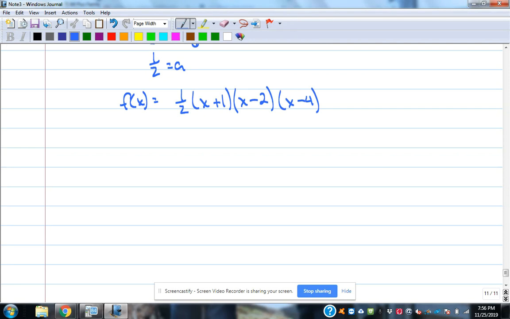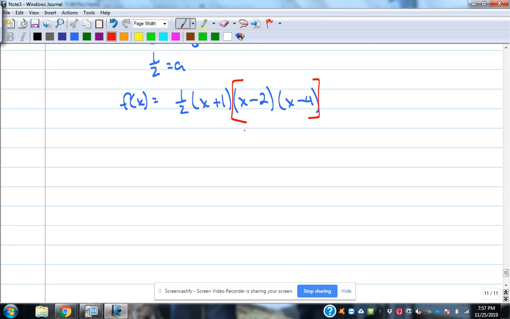Okay, that's the final answer that we need to get. So we're going to multiply this out. I'm going to multiply these 2 together first. It doesn't matter which 2 I multiply together first. I'm just picking 2. You pick your favorite 2 if you want to. These are my favorite 2. That's the ones I'm going to do.